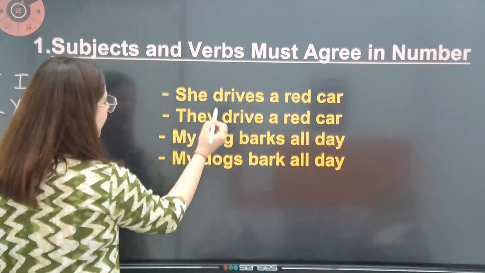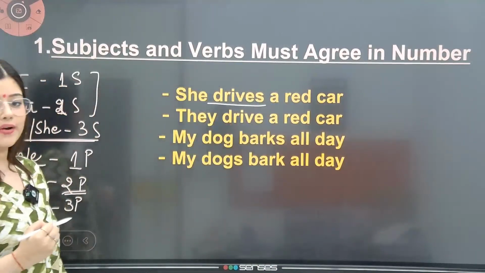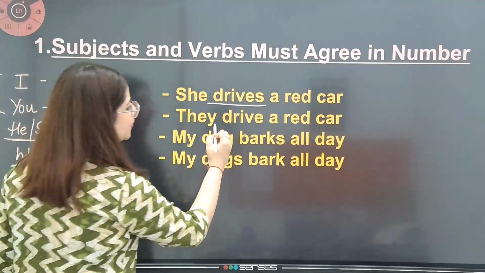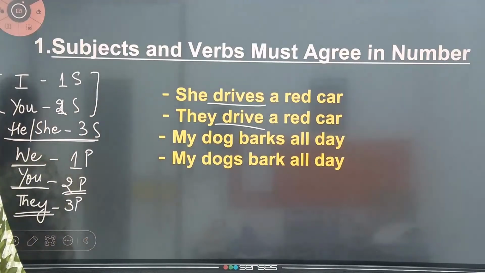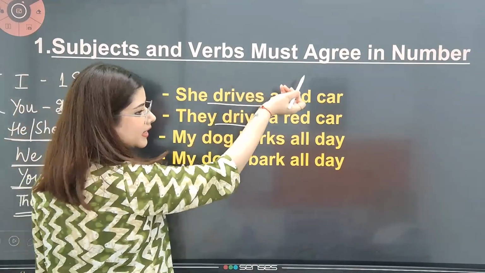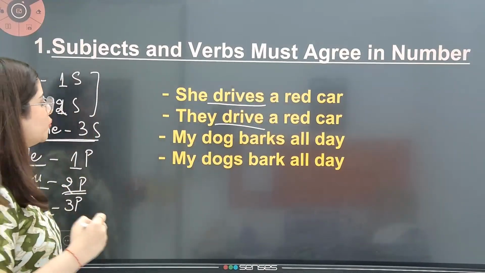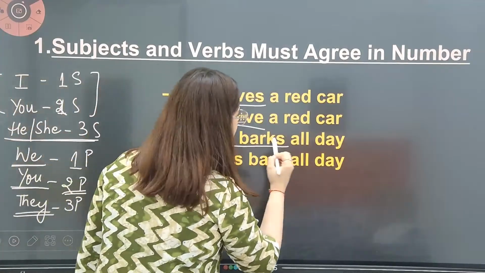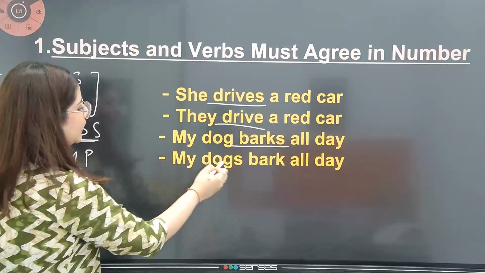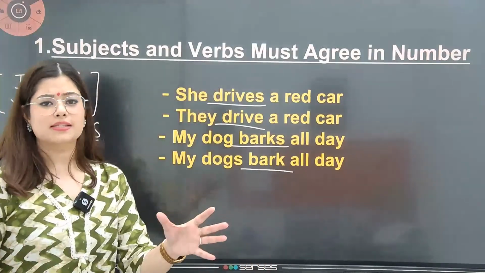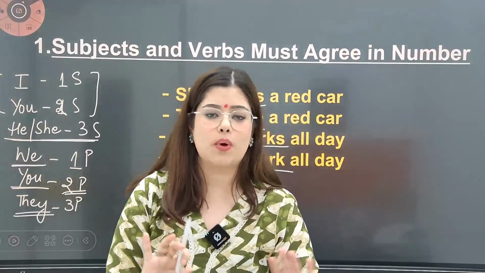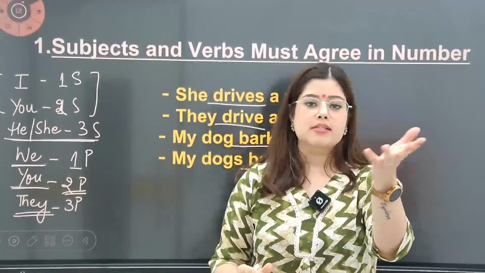So she drives a red car, they drive a red car, right? So drives here is singular, drive is plural. My dog barks all day and my dogs bark all day. As simple as that. This is quite easy, something that you must be acquainted with.